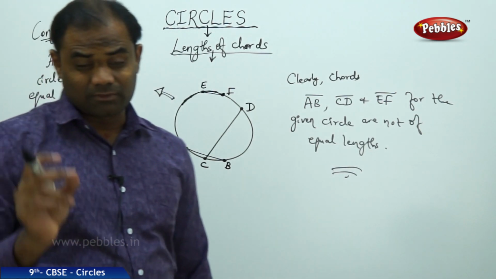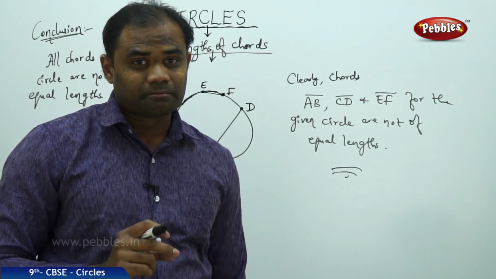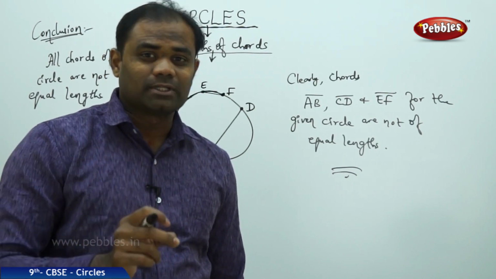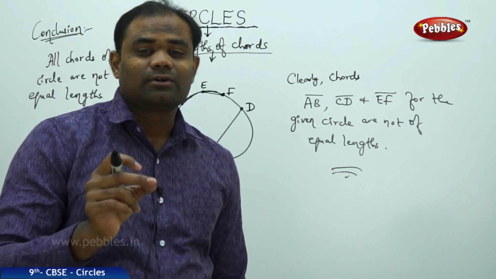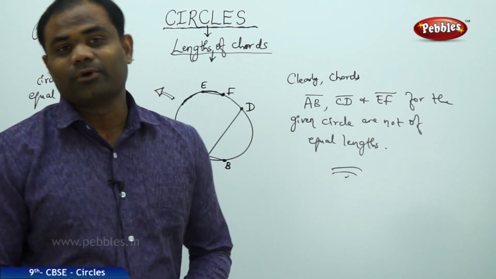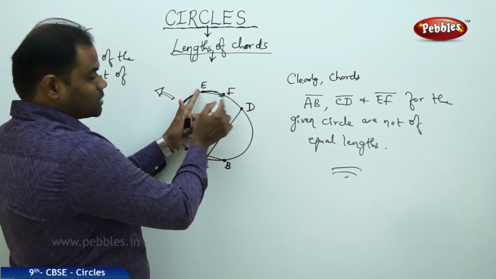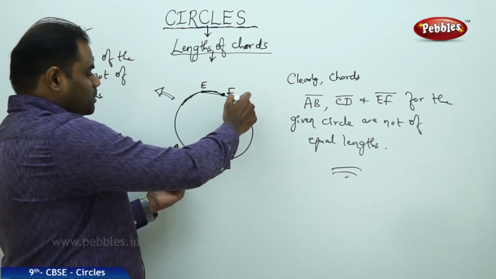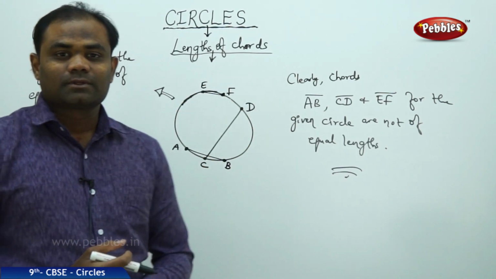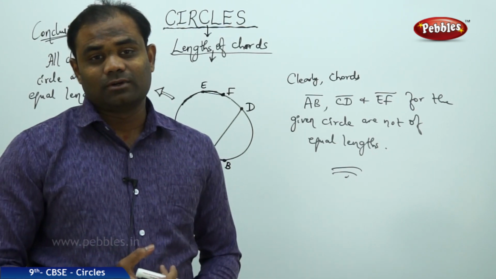All chords of the circle are not of equal length. And also it's very important that the length of the chord is decided by the pair of points chosen on the circle. This pair chosen gives me a smaller length of the chord, and this pair chosen gives me a bigger length of the chord.